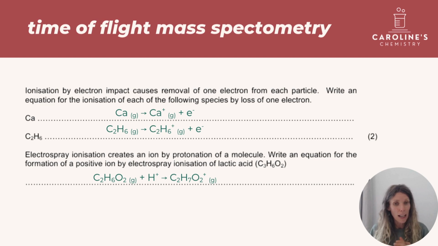The second one though, electrospray ionisation, may have caused some issues if you were wondering where that hydrogen ion comes from and where it goes. So for electrospray ionisation, remember, you are dissolving your sample into a volatile solvent. It then passes through a hypodermic needle with high voltage, and we have protonation, meaning each of those molecules will accept one H+ ion, and one H+ ion is the same as a proton.